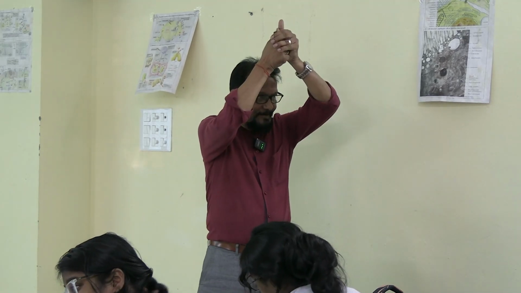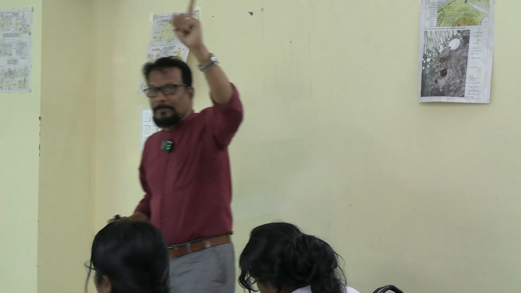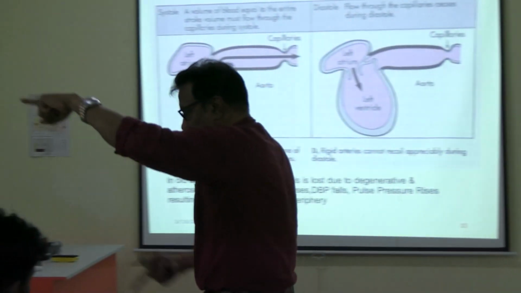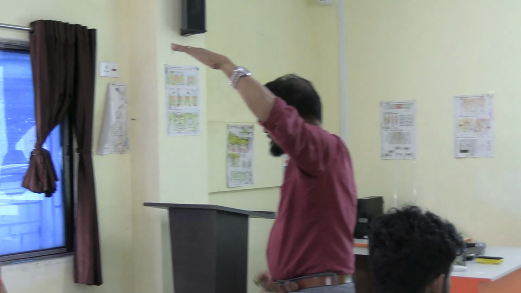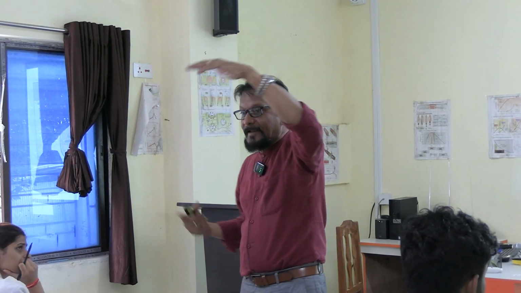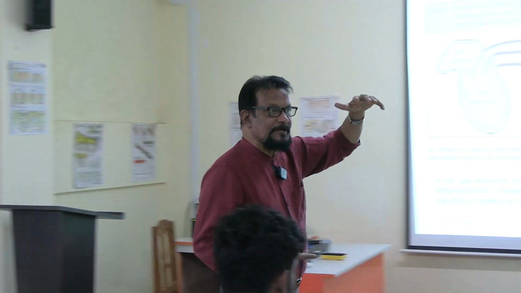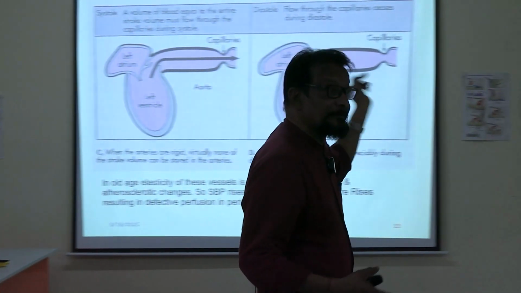It will not be able to accommodate. As a result, blood pressure will be increased. There will be an increase in systolic blood pressure and a decrease in diastolic pressure. As a result, what will happen? The difference between systolic and diastolic pressure is called pulse pressure. This pulse pressure will be gradually increasing. In the elderly person, the pulse pressure is gradually increased because of this.